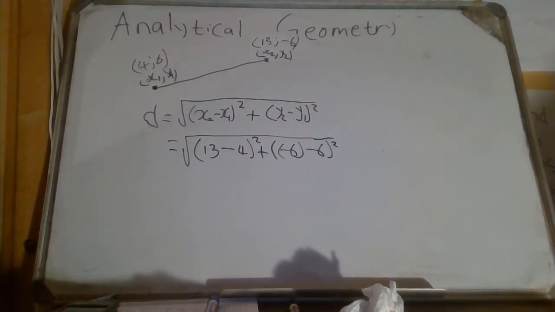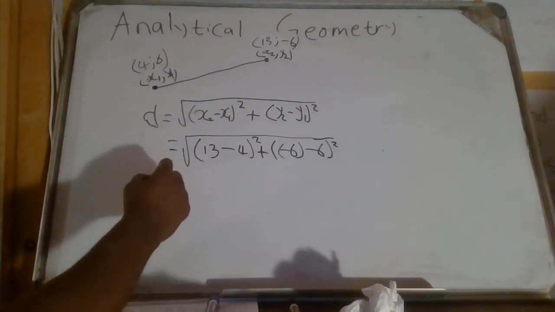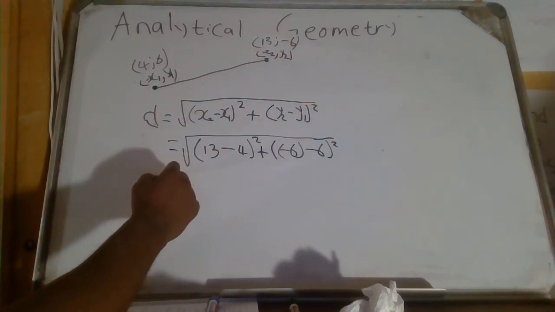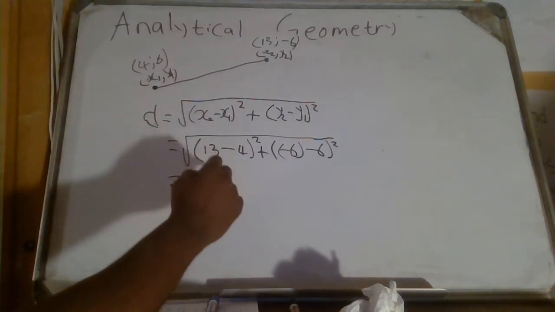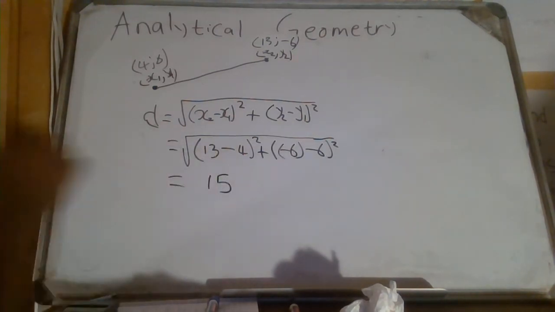Alright? So you can put this thing exactly as it is on your calculator. And ladies and gentlemen, personalities, if you put these things on a calculator, it will give you something like 15. You can check it yourself.